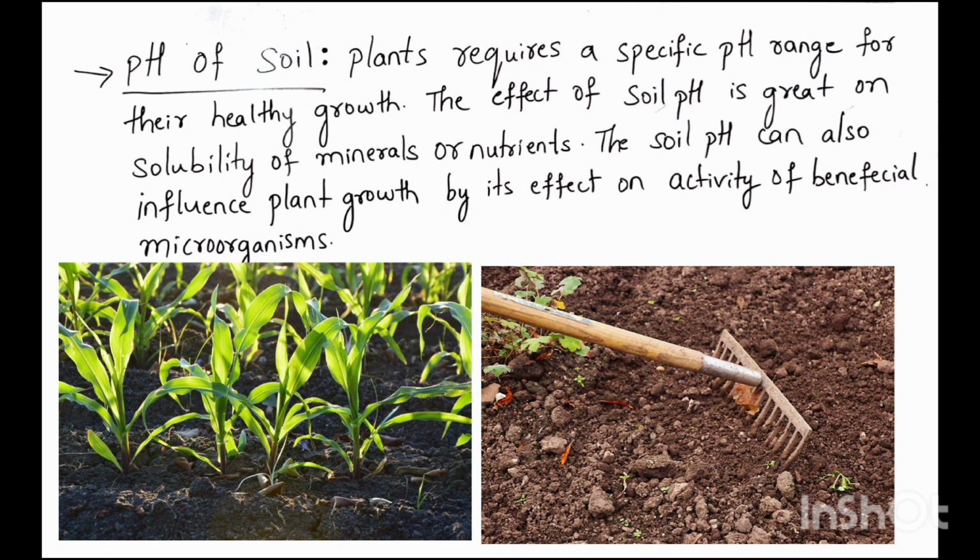If the soil is too acidic, then we need to treat it by adding a base like calcium hydroxide or limestone. If the soil is too basic in nature, then we need to treat the soil by adding elemental sulfur or ammonium sulfate, which will decrease the pH of soil. Also, we can add various organic matter in order to decrease the pH of soil.